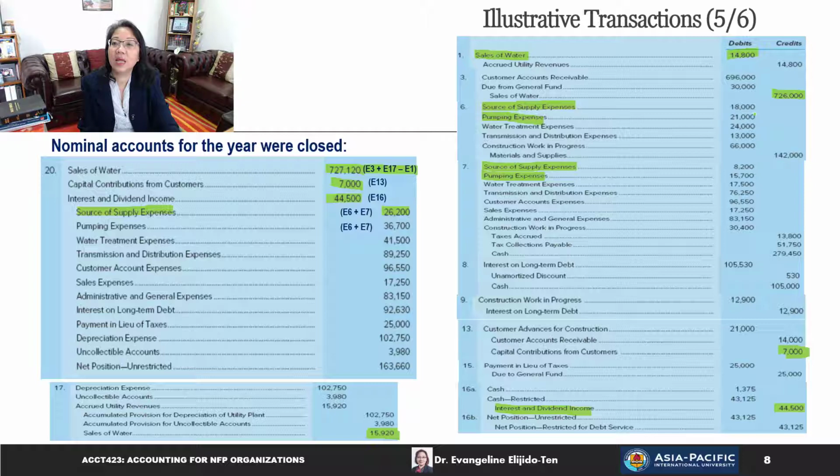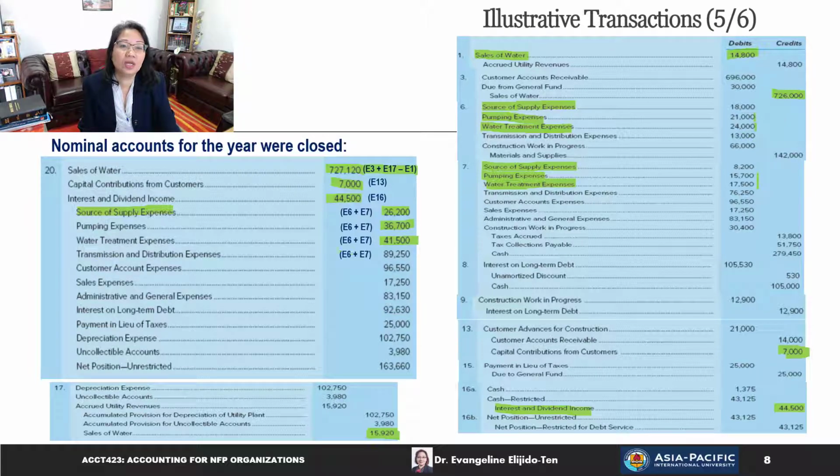So 21,000 plus 15,700 will give you 36,700. The next one is water treatment expenses. Again, it is in entry 6 and entry 7, amounting to debits of 24,000 and 17,500. So the total of that is 41,500.